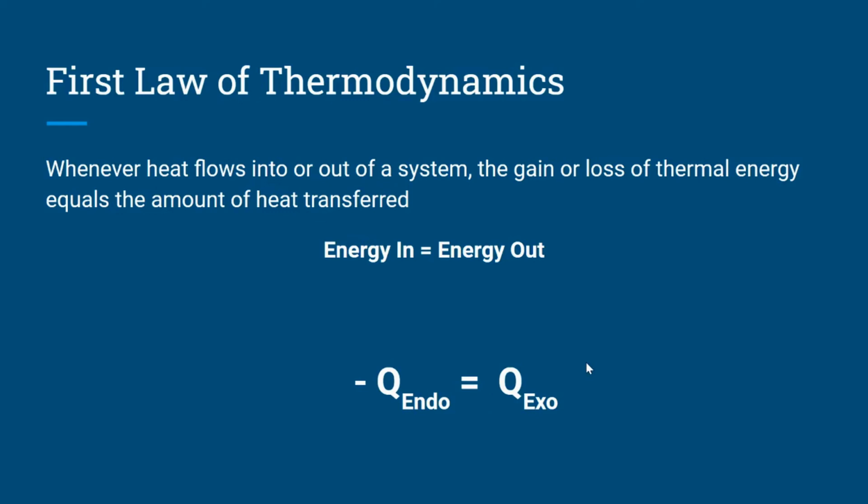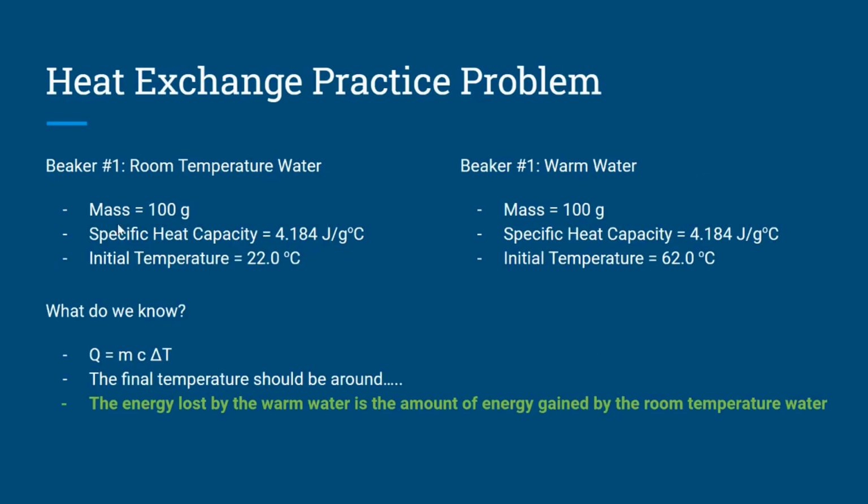All right, so now that we have that straightened out, we know Q of endo equals negative Q of exo. Q of the heat being absorbed equals Q of the heat being released. So if we go back to our two beakers, mass of 100, specific heat of 4.18 for both. This one starts at 22, this one starts at 62. Well, let's figure out which one is going to be Q of endo and which one's going to be Q of exo.